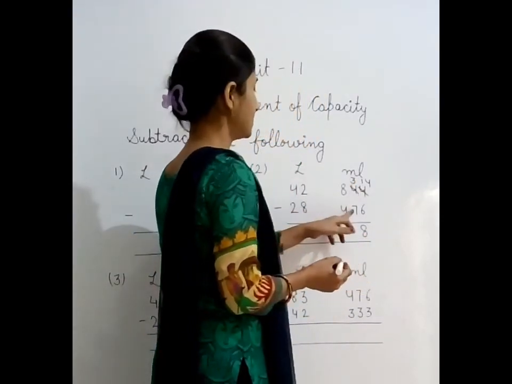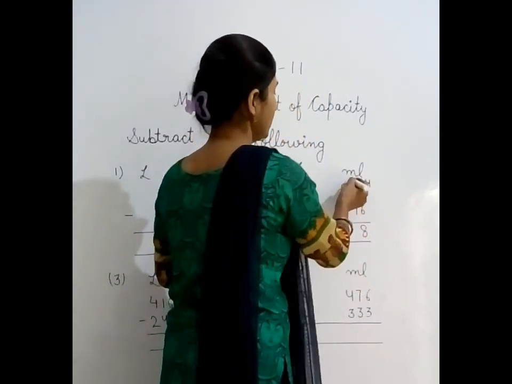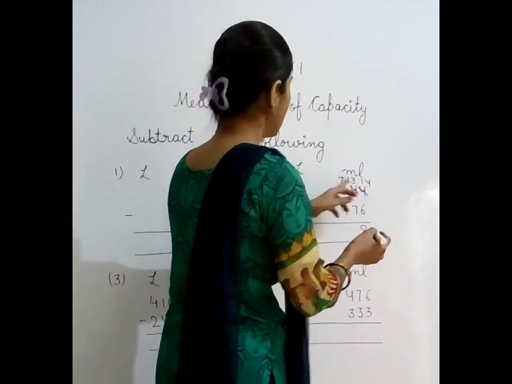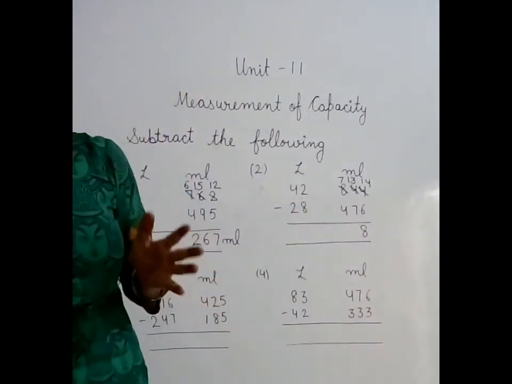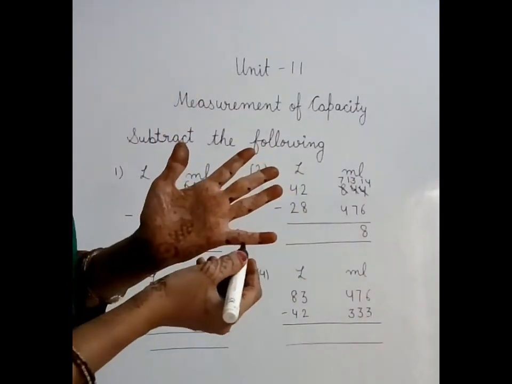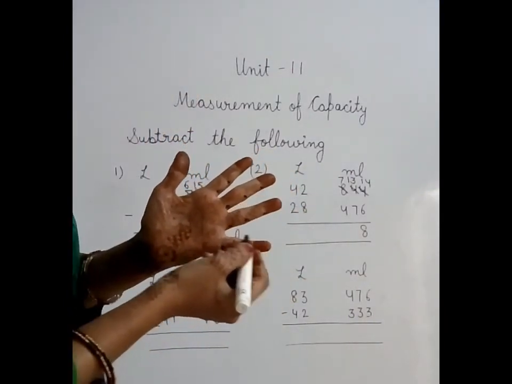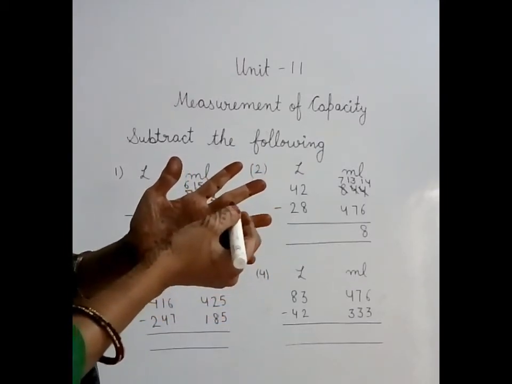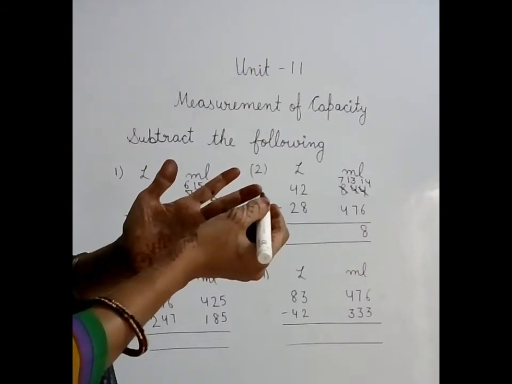3 minus 7. Not possible. Taking borrow. Here is 13 and here is 7. 13 minus 7. How much? 1, 2, 3, up to 13.